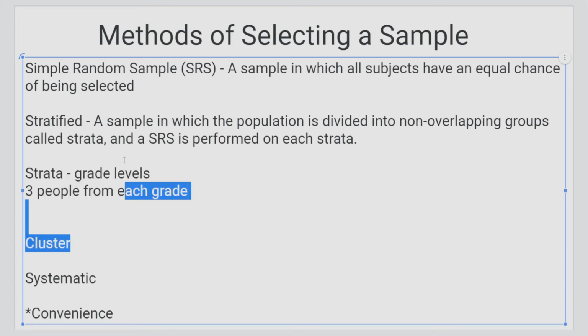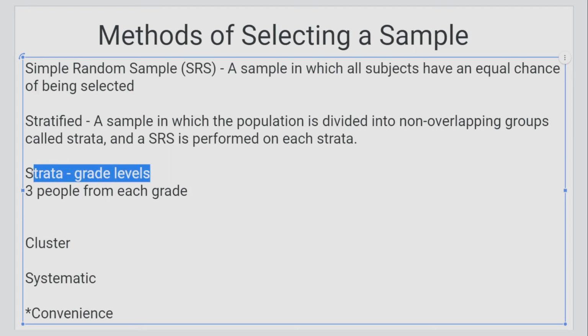So the important thing here is that each strata is non-overlapping, and that they are different, right? You can't choose something where there might be overlap. For example, nationality might be something that I can't really use, right?